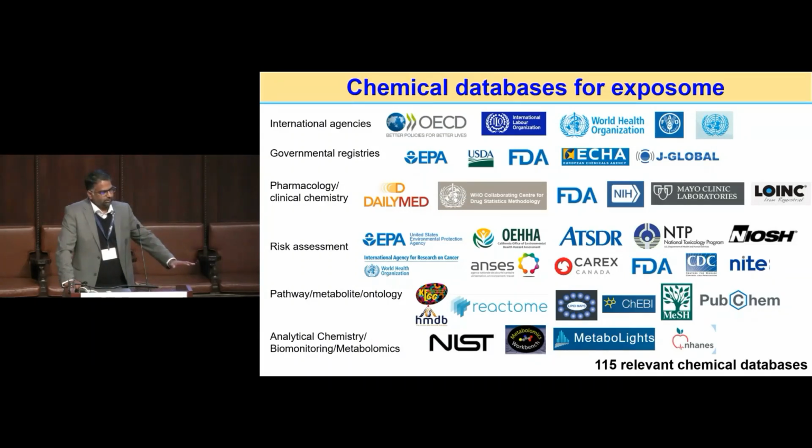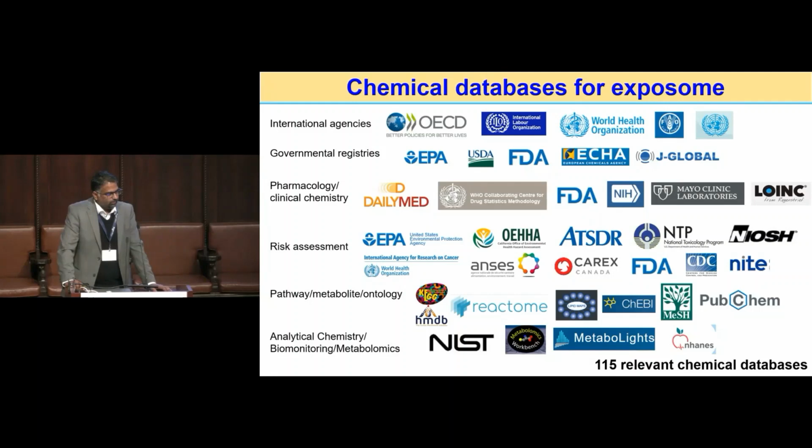So then we have government registries, pharmacology and clinical chemistry, which include all the drugs and FDA drugs and clinical chemistry measurement like Mayo Clinic Laboratory Catalog, and risk assessment by EPA, NTP, IARC monograph, and so on. And here we also have pathway, metabolite, and ontologies. For example, HMDB, Reactome, SABIO-RK, and so on.